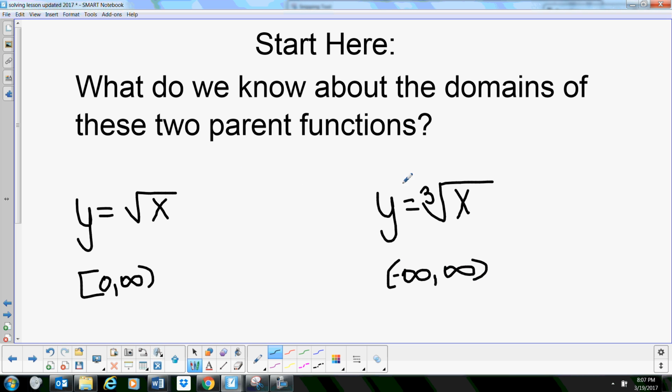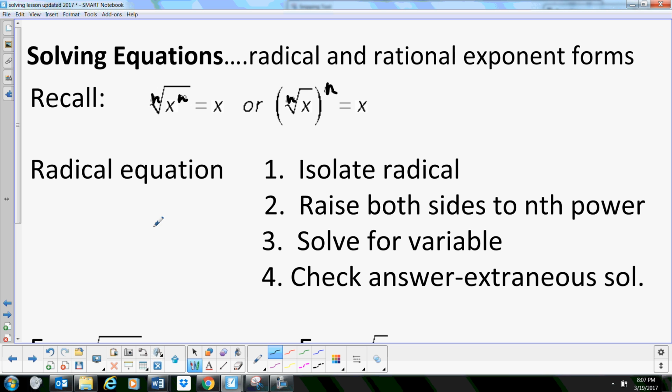And now this concept is going to come back to us later as we're starting to solve radical equations. Okay, so how do we solve equations with radicals or even rational exponents? Now remember what rational exponent means. That just means it has a fraction in the exponent. Okay, if you guys remember, there are some rules.